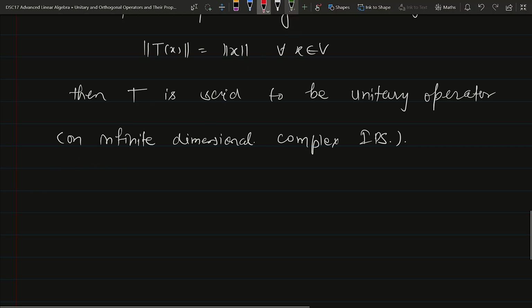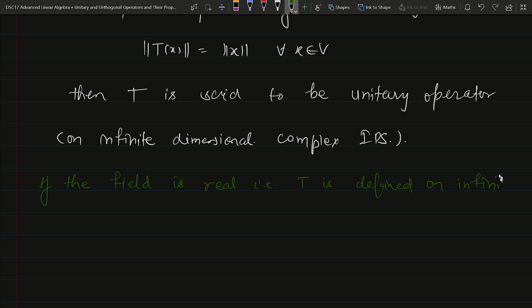So let me write in a way. If the field is real, that is T is defined on infinite dimensional real inner product space V, then T is said to be orthogonal operator.